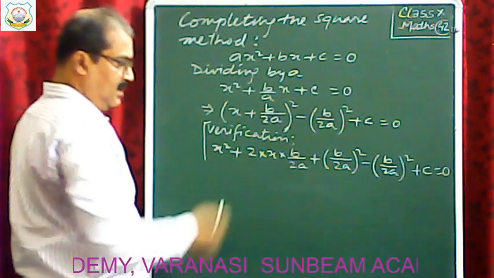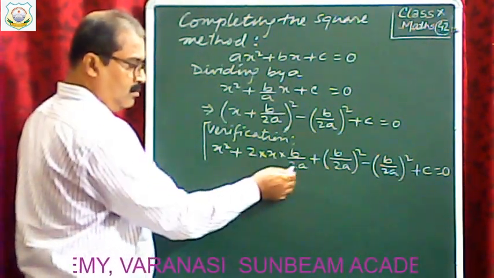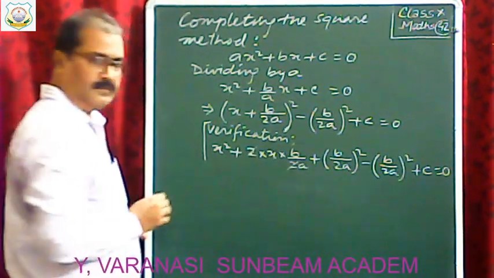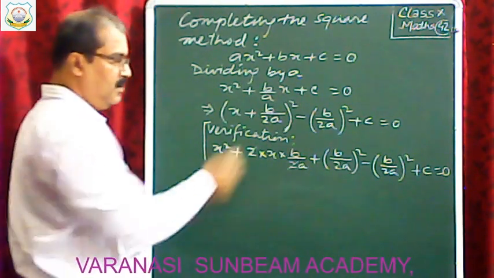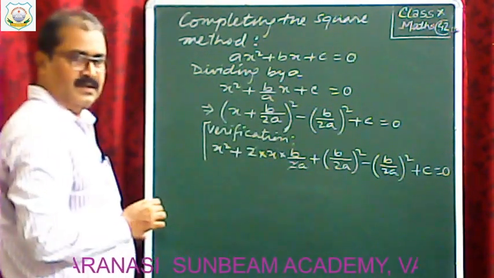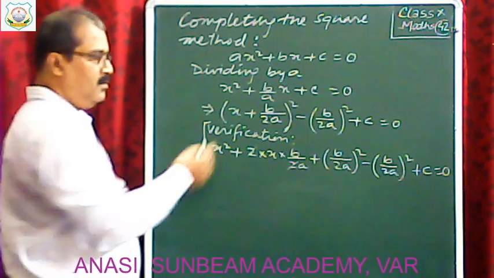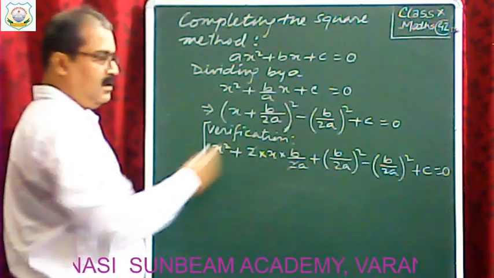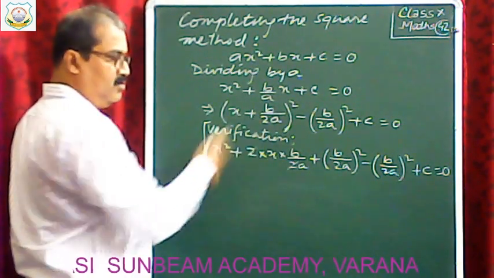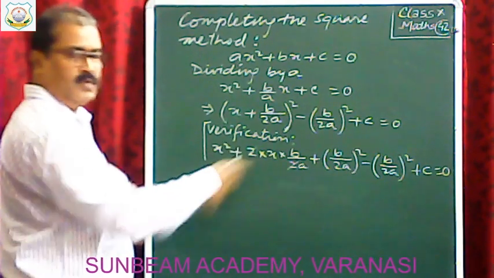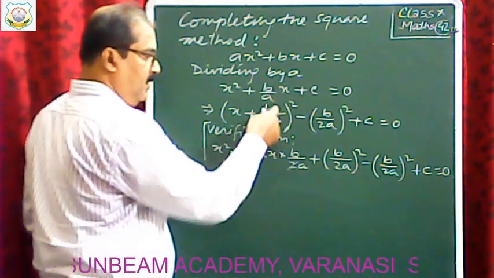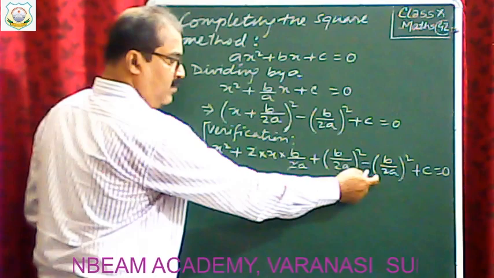Now let's see, 2 cancels. That's why you have multiplied 2 with the denominator. In the second term of the square of the binomial, we have multiplied a by 2. That's why, because of 2ab, so 2 cancels, and b by 2a whole square we have subtracted over here for balancing.